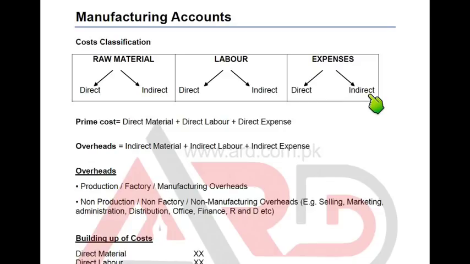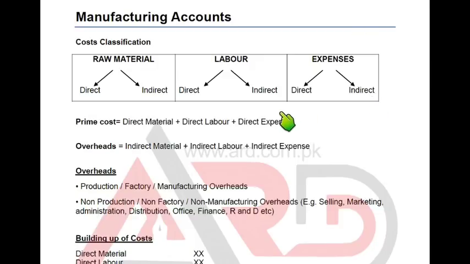We cannot trace how much rent is being used in making a particular product. So rent, electricity, depreciation, because depreciation is normally based on time, that is straight line method or some other formula, so depreciation is not based on a particular unit. So these are all indirect expenses.